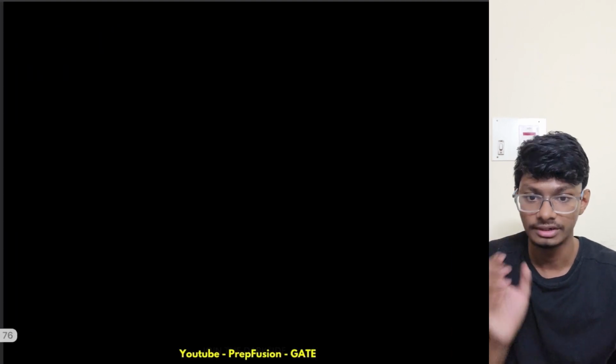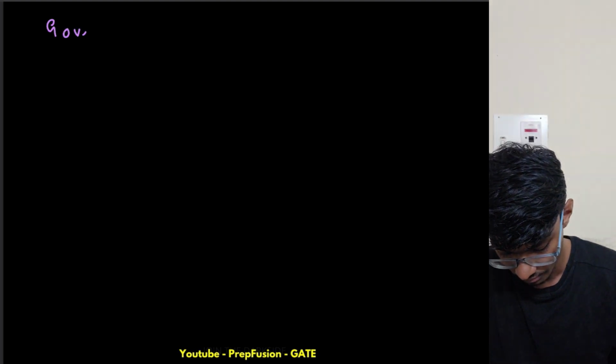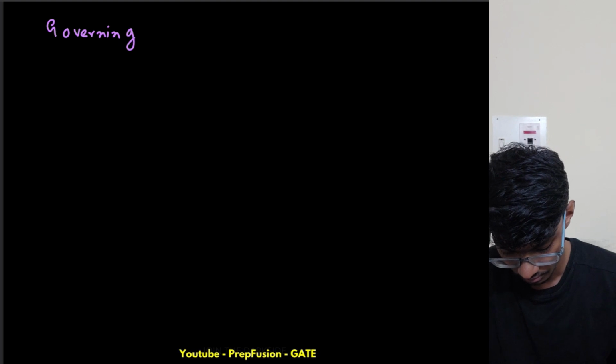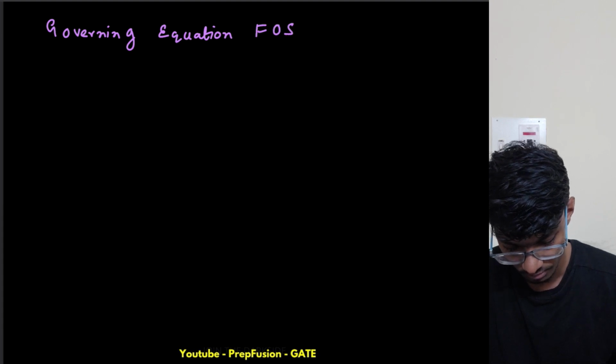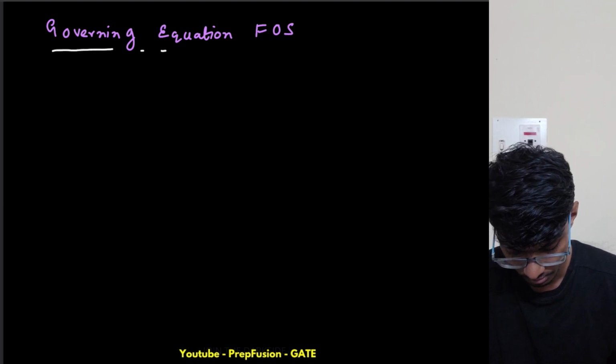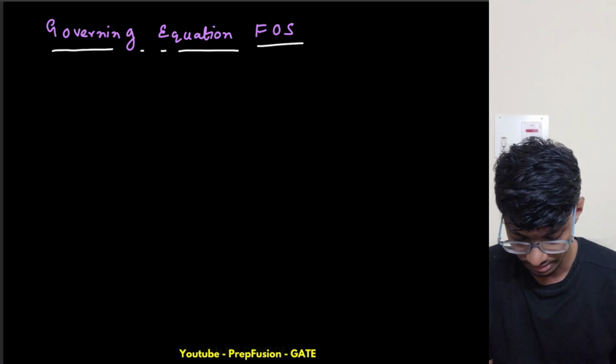Now I will write the governing equation for a first order system. Basically we write it somewhat like this.